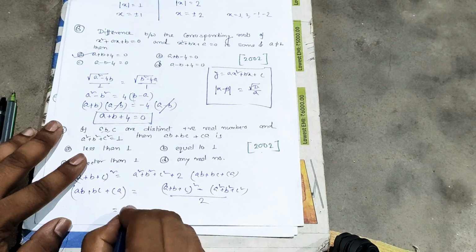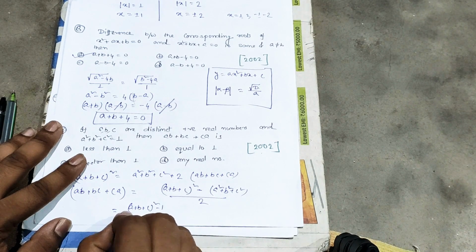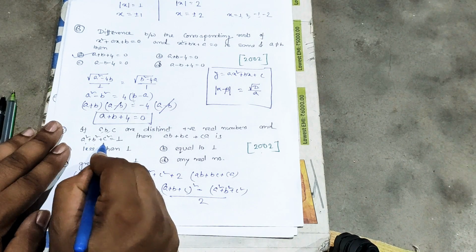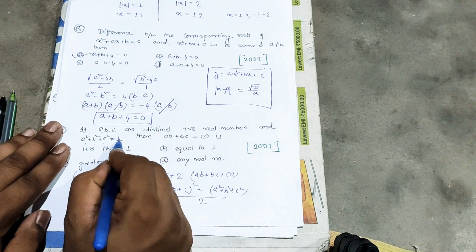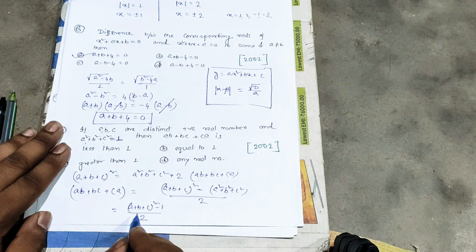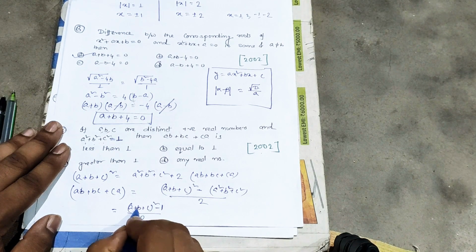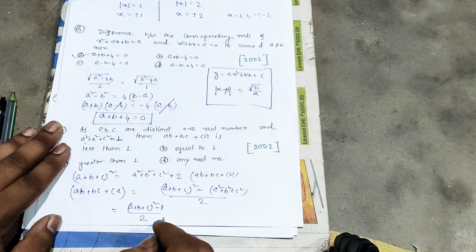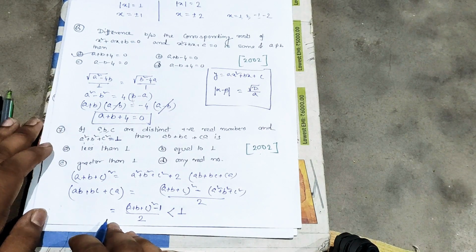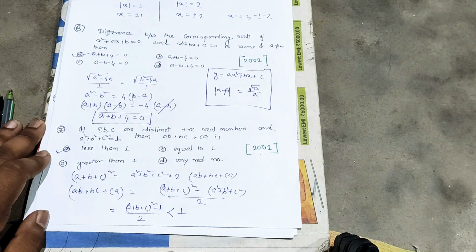So it is equal to (a plus b plus c) whole square minus 1, divided by 2. As you can see, a square plus b square plus c square equals 1. That means a, b and c are all fractions. So (a plus b plus c) whole square minus 1, divided by 2, will obviously be less than 1. So the option will be less than 1. So the 7th question, option A, is correct.